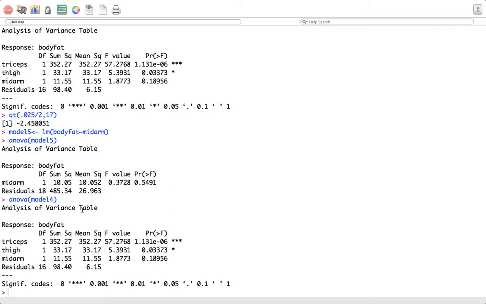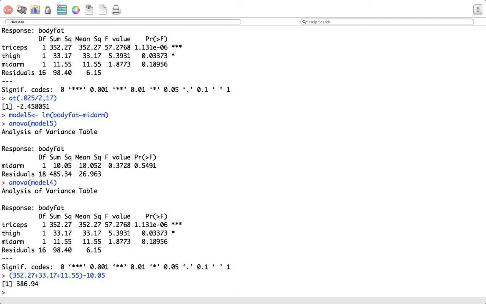Now, for the sum of squares regression, we can see that we have 352.27 plus 33.17 plus 11.55. And I want to subtract out the sum of squares regression, 10.05. And I get 386.94.